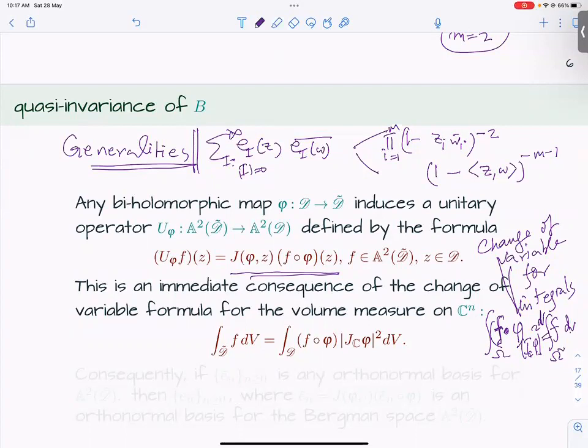As many of you might have seen in your ordinary calculus, the determinant of the derivative represents how the volume transforms from one domain to another.